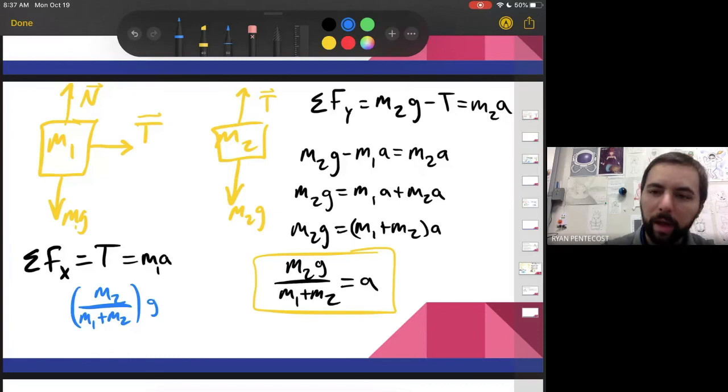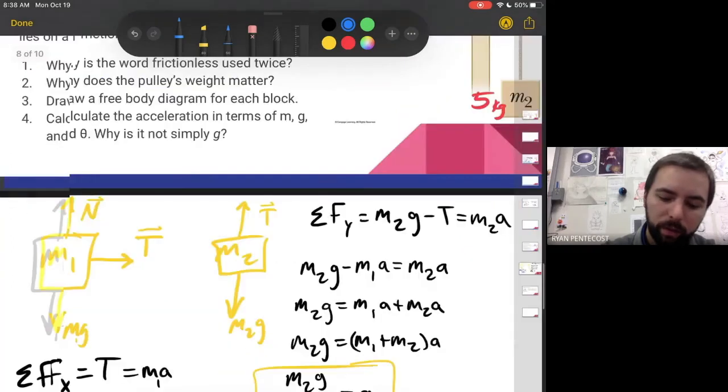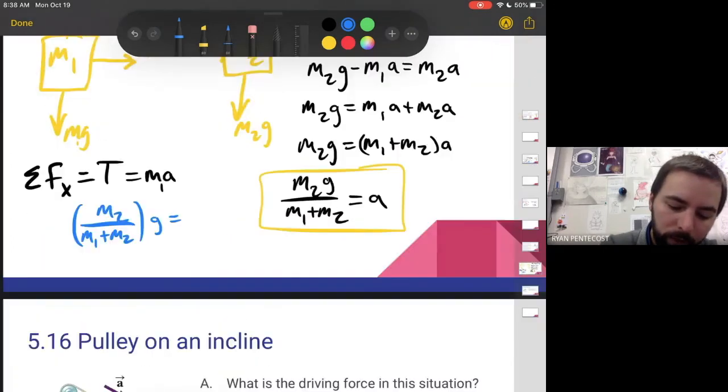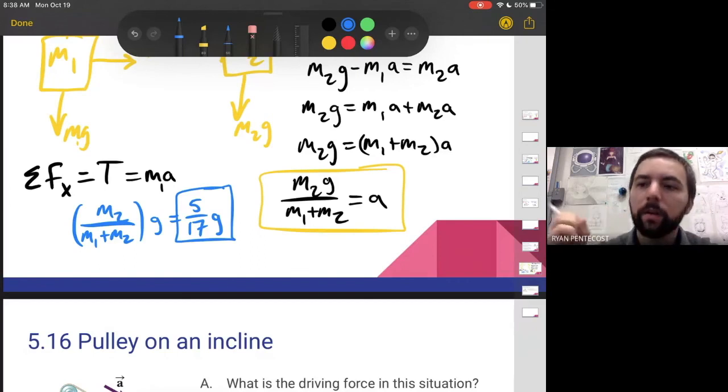Now here we have a ratio, m2 divided by the summation of masses. They do have mass, don't they? 12 and 5. So that means this was really 5/17 g. You have a ratio. It's not completely g. It's 5/17 of g.